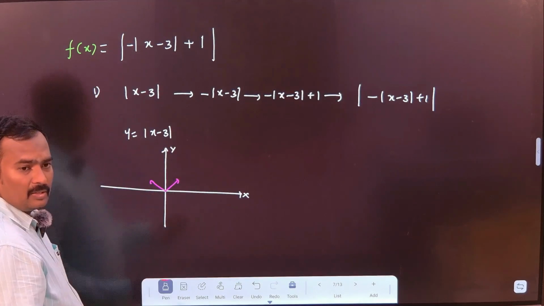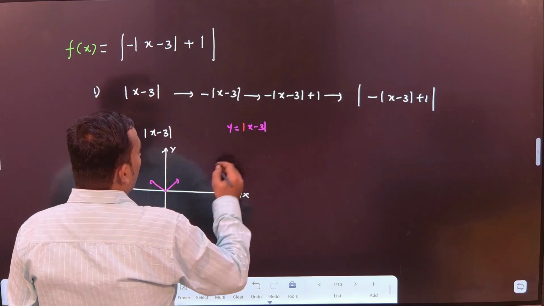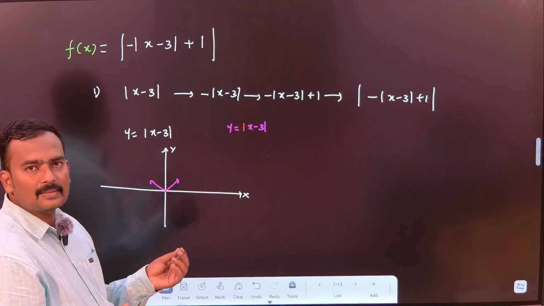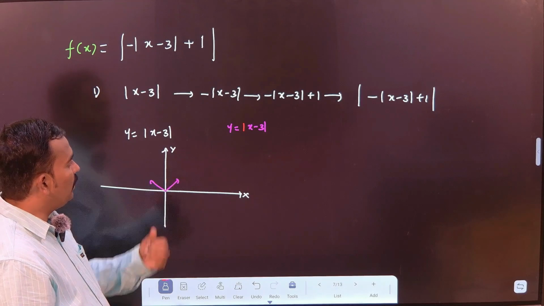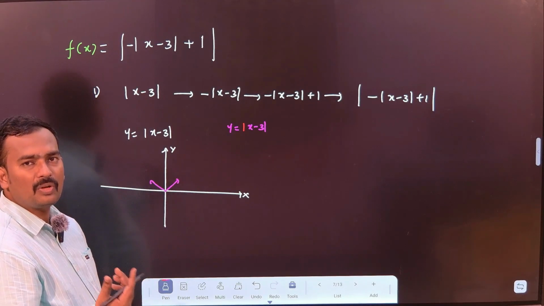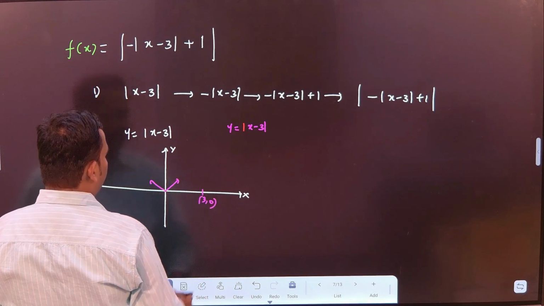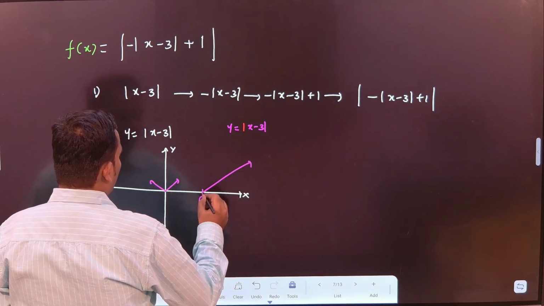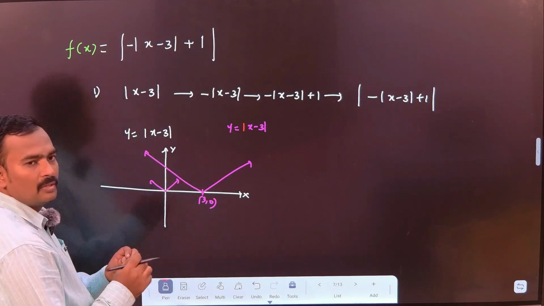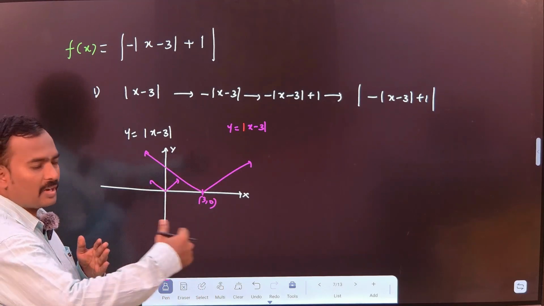If you find it difficult, take y equal to mod x minus 3 and see where the graph intersects the x axis. For the x axis, put y equal to 0, then x minus 3 equals 0, so you get 3 comma 0. So 3 comma 0 is here. You shift the reference graph mod x right 3 units.